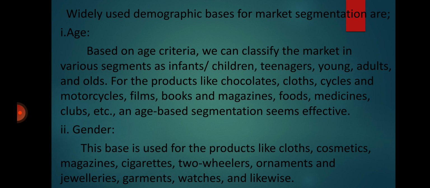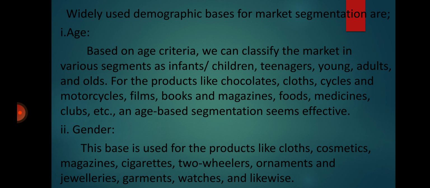For products like chocolates, clothes, cycles and motorcycles, films, books and magazines, foods, medicines, clubs, etc., age-based segmentation seems more effective. And that is the reason the companies producing these products prefer to segment the market based on the age of their customers. The next one is gender.